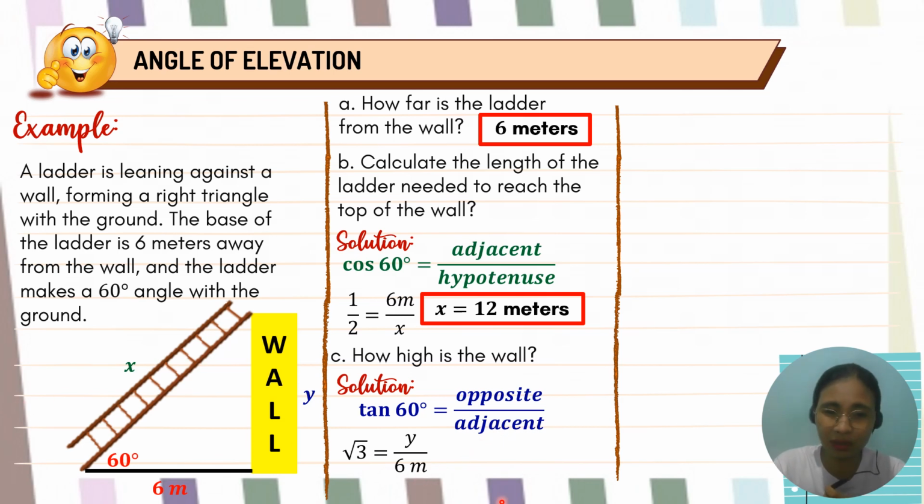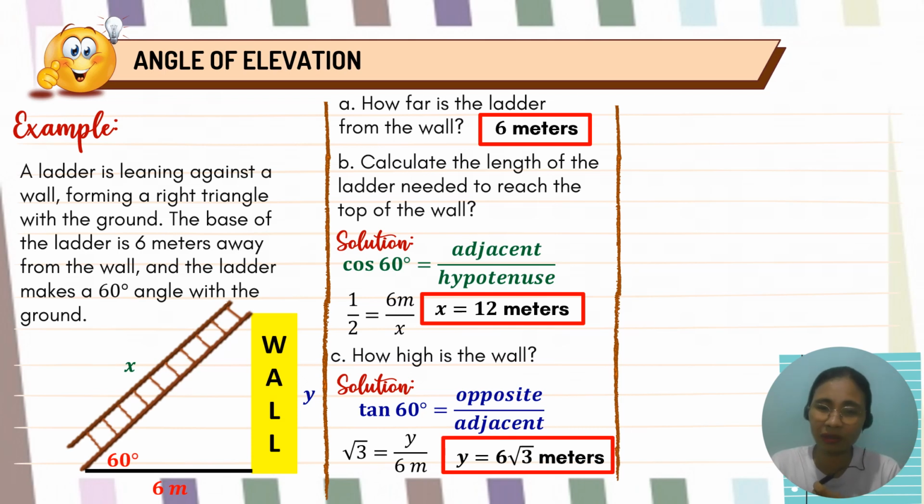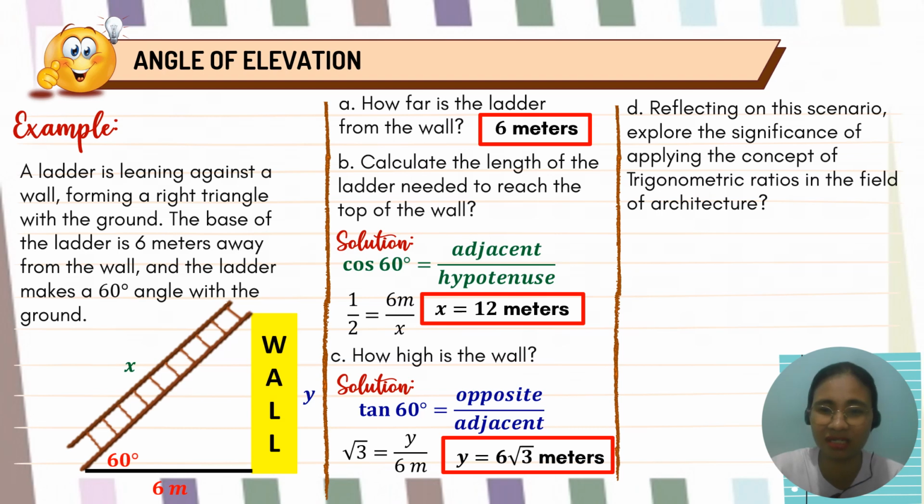And then cross multiply the expression, we will now be able to get the value of y, which is 6 square root of 3. Because 6 times square root of 3 is 6 square root of 3. And since y is the representation of the length or the altitude of the wall, meaning the height of the wall is 6 square root of 3 meters.